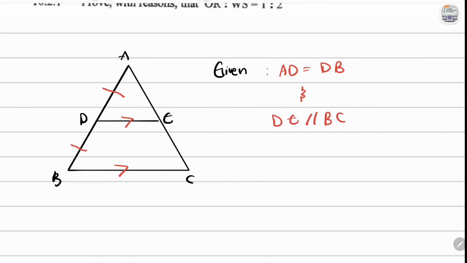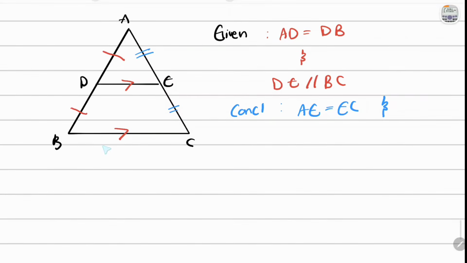And then since you're given that, the conclusion would be this. If you are ever given this scenario, what we would conclude is, therefore, that AE is going to be equal to EC, first of all. And the second thing that we can conclude is that BC is going to be double the size of DE.